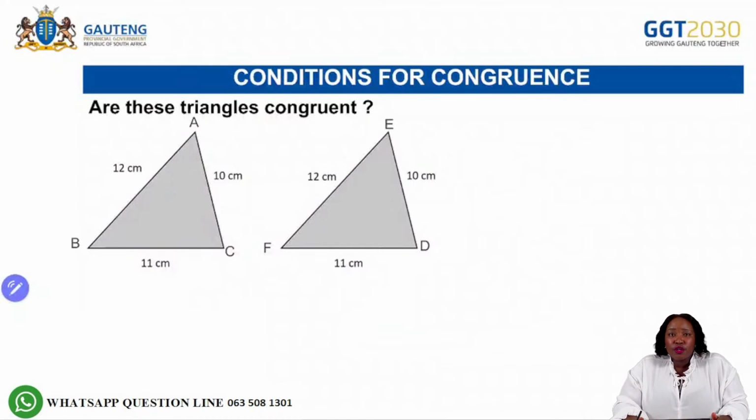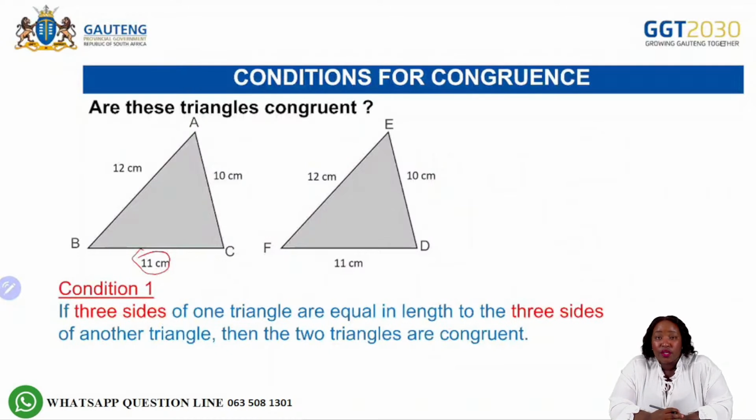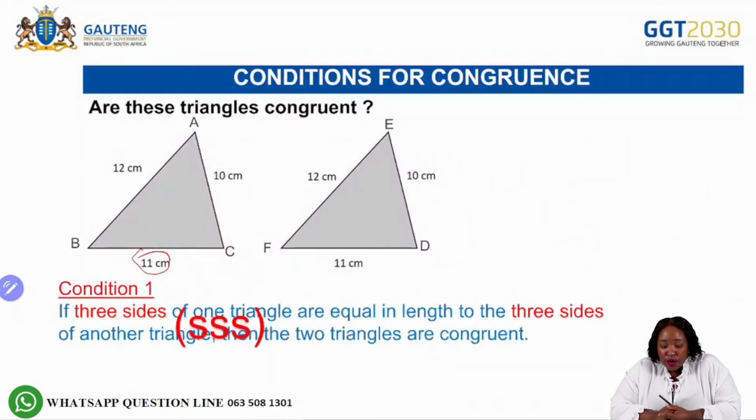So the first condition is simply based on our understanding that if we draw two sides based on the length of one of the sides, there's only one point where those sides will meet. Therefore, if three sides of one triangle are equal in length to the three sides of another triangle, then the two triangles will be congruent, right?